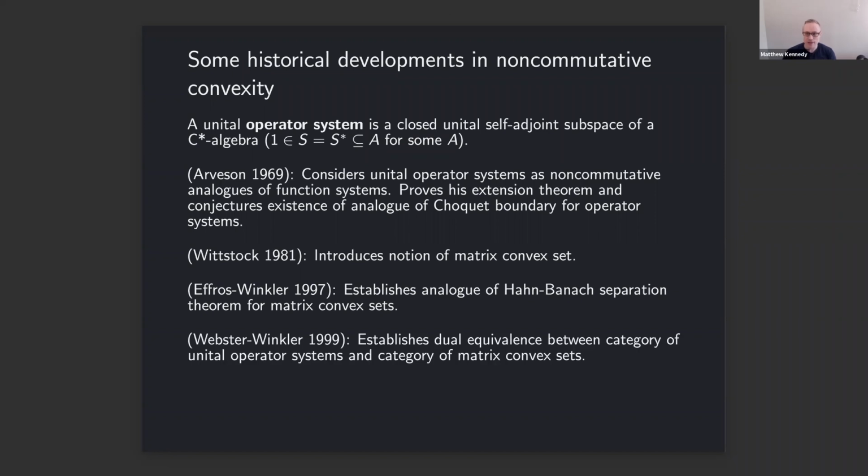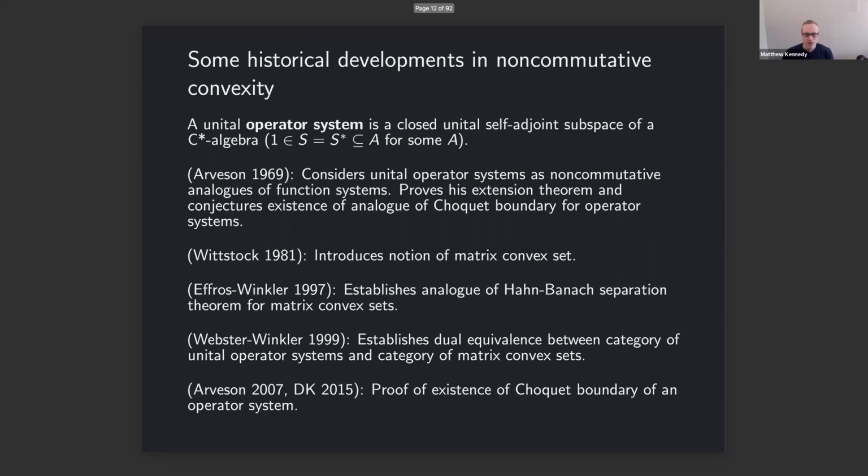In 1999, Webster and Winkler, who are both students of Effros, established the fact that these matrix convex sets are actually the dual objects in the sense of dual equivalence of categories to the category of operator systems.